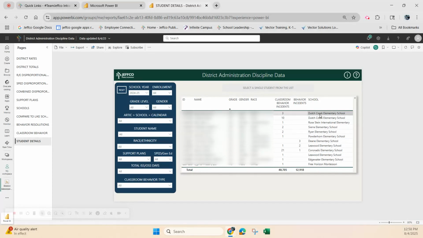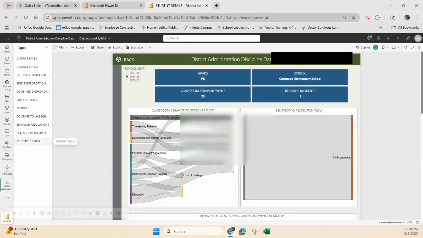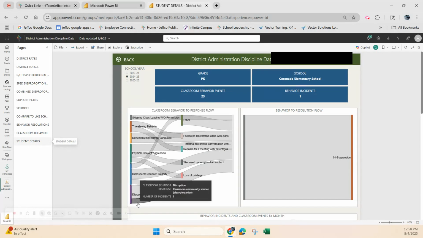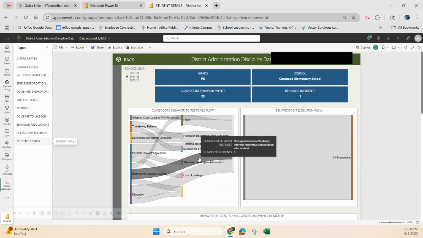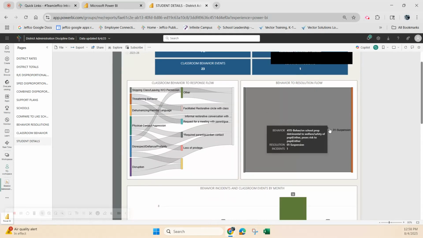Obviously, if you're at a school level, you're only looking at your students, but once you select a single student, you can click at that red tab and it opens up, and you can see all of the types of behavior incidents that were documented, as well as the types of responses.